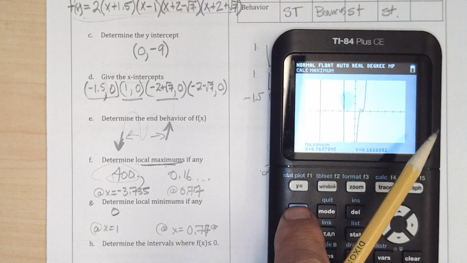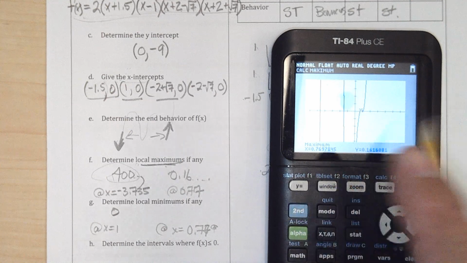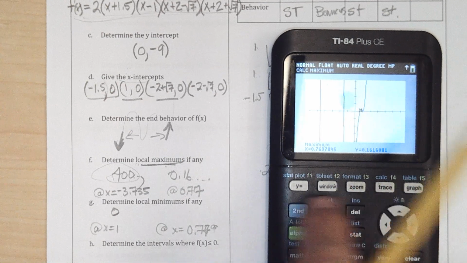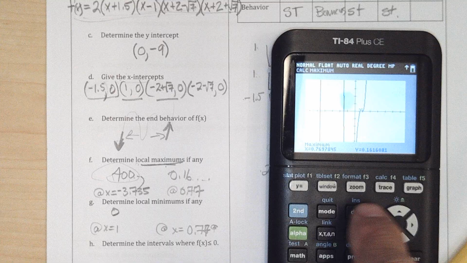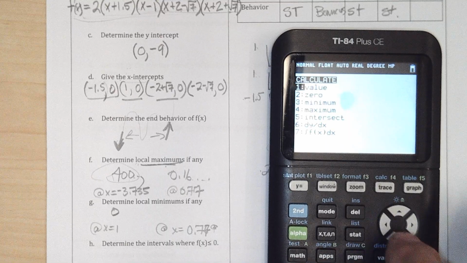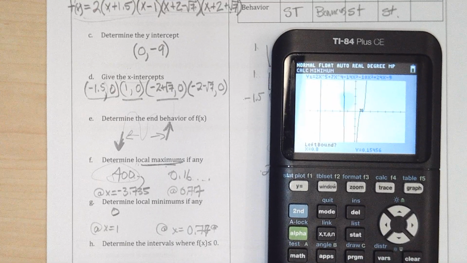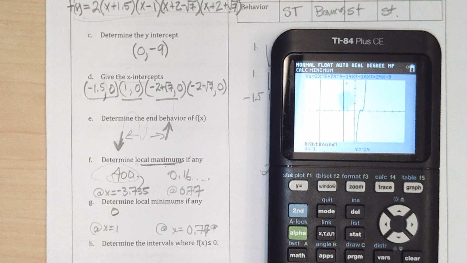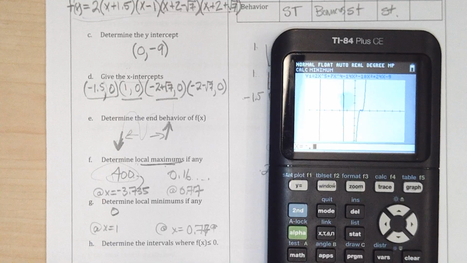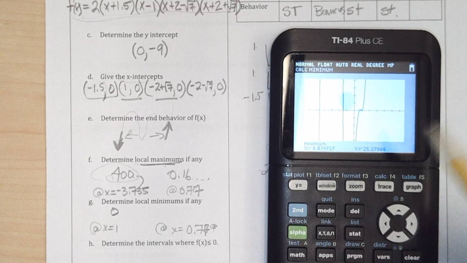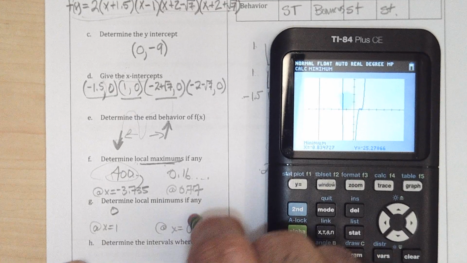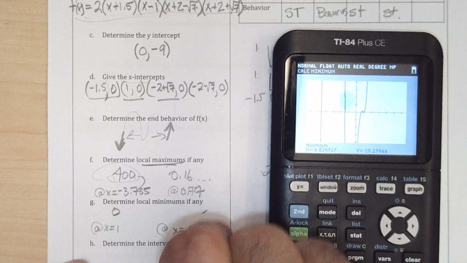Nope, that's maximum. What am I doing here? Between -1 and 0, I'm trying to find a minimum. Second, calculate the minimum between -1 and 0, enter, and -0.5, and it says, got the wrong thing. I was at the wrong place.